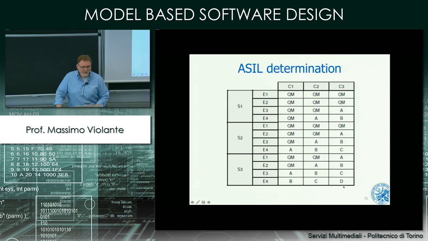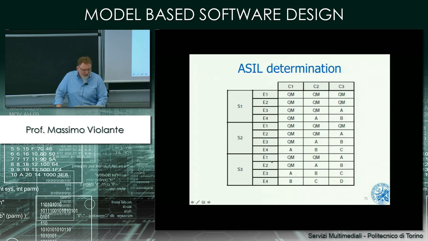Is this clear? As you can see here, the distribution of A, B, C is, let's say, a mix of how severe the injury is, how high or low the exposure is, and how controllable the situation is.